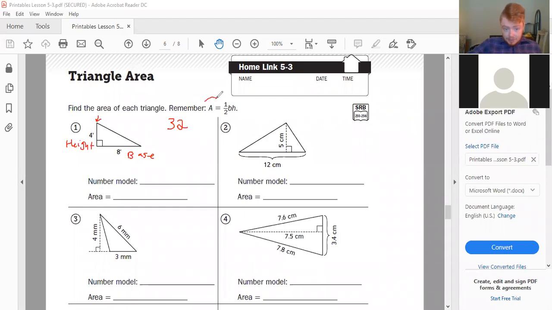You'll always see something like this for triangles, or you can see BH divided by 2. They're literally the same thing, okay? So divided by 2, Siwan, what is it? 16. Yes, divided by 2 equals 16.